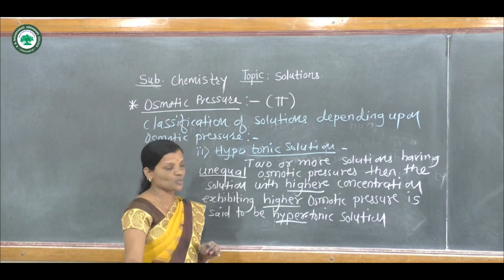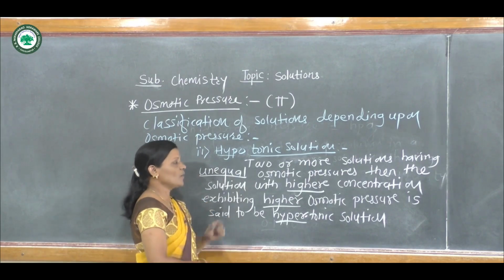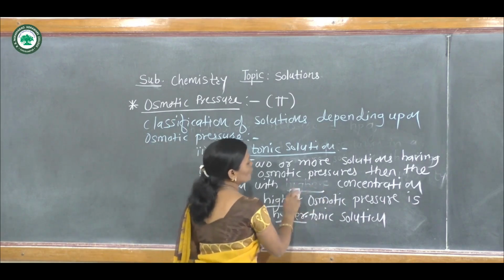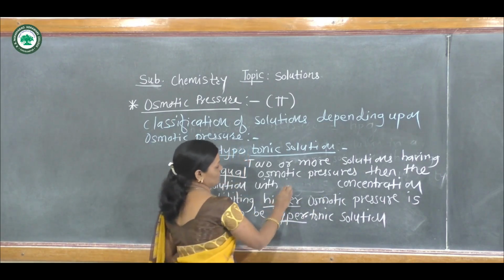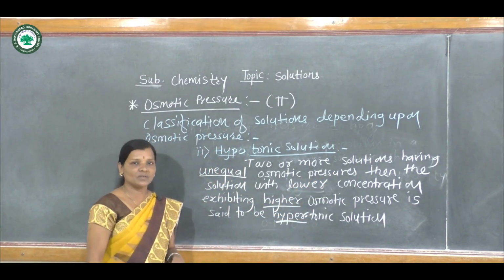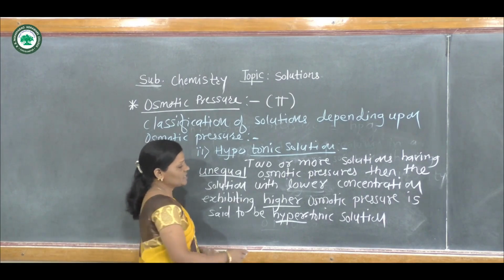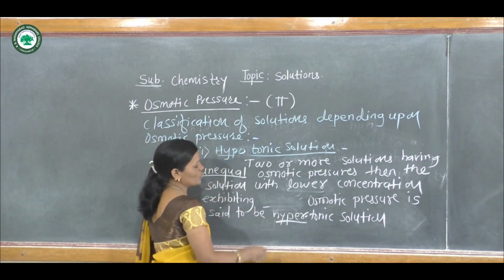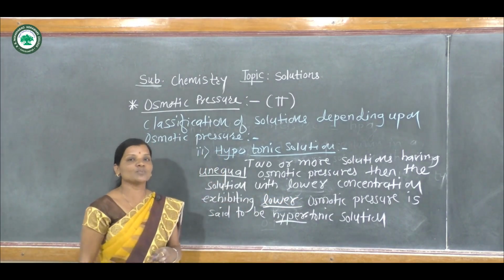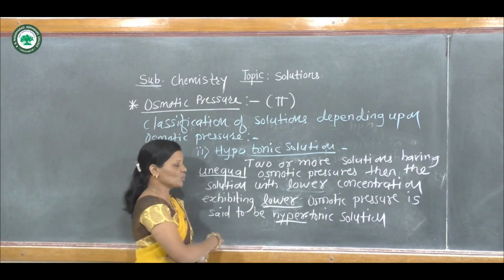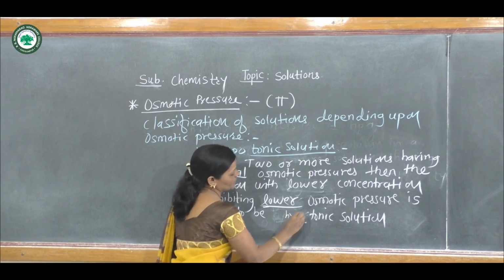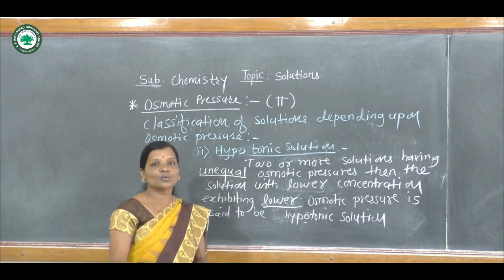Two or more solutions having unequal osmotic pressure, then the solution with lower concentration, the more dilute solution, that exhibits a lower value of osmotic pressure, is said to be a hypotonic solution.